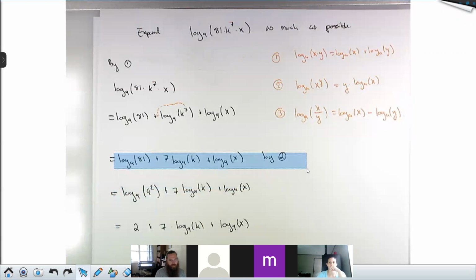If the problem just said expand, I would accept this as a final answer. But if it was expand and simplify, then I would want you to get to this answer down here, because the base 9 log of 81 can be simplified to 2. But if it just said expand, I would accept this also. Other questions on this one?